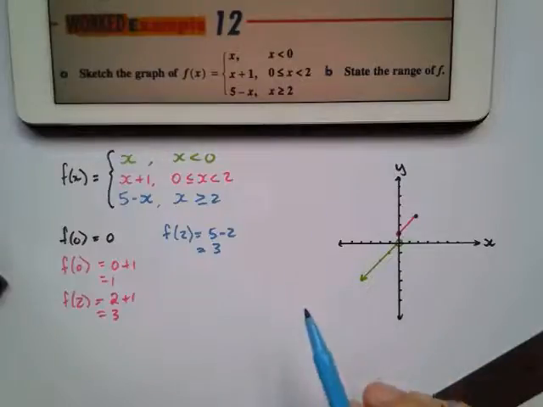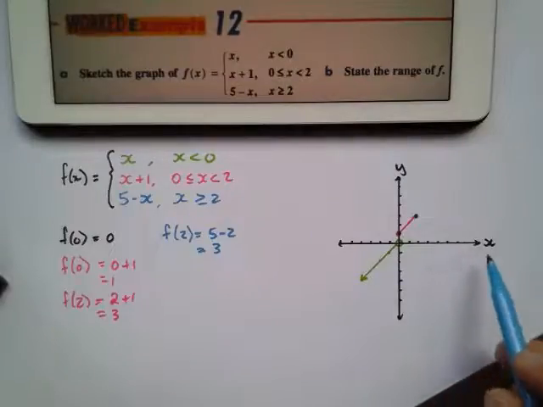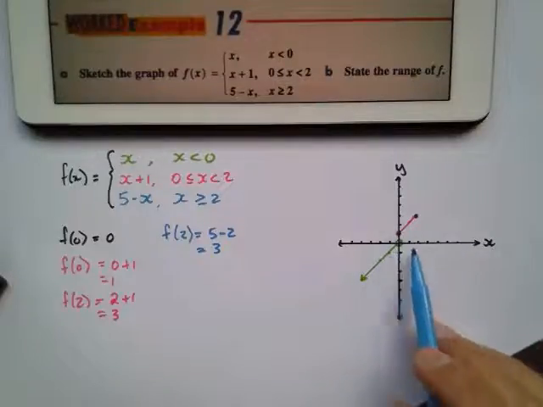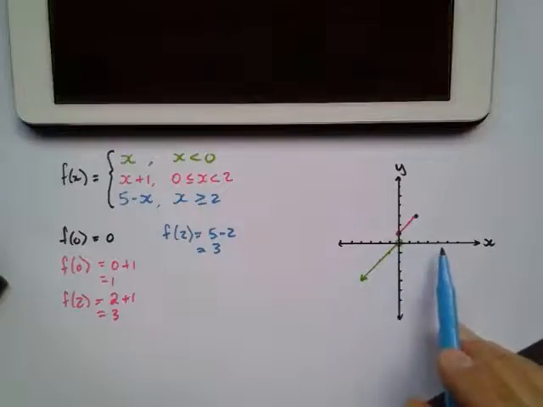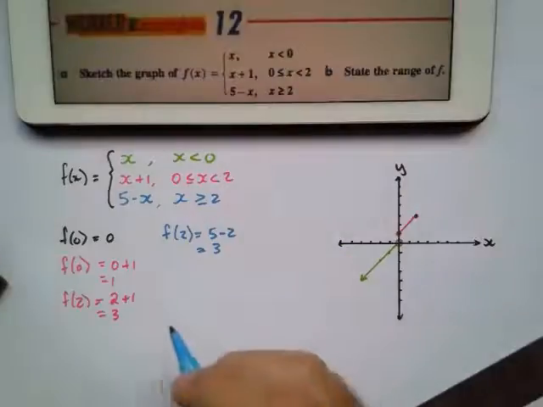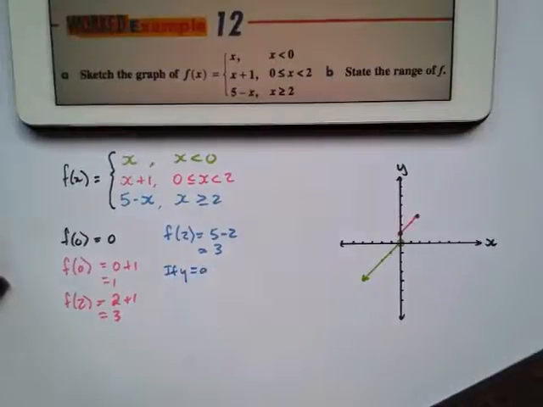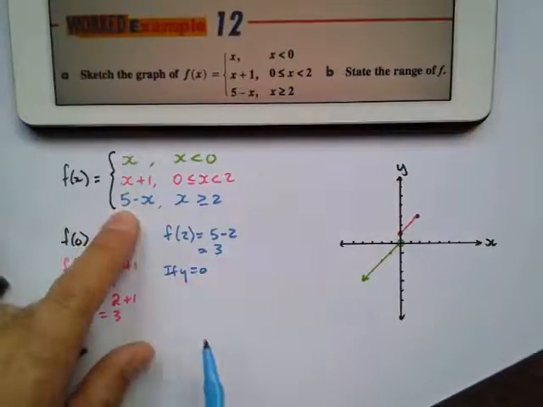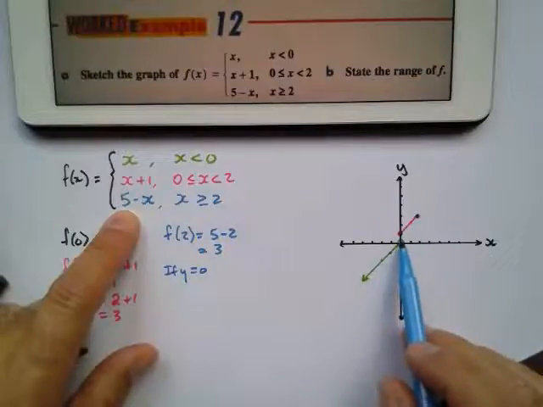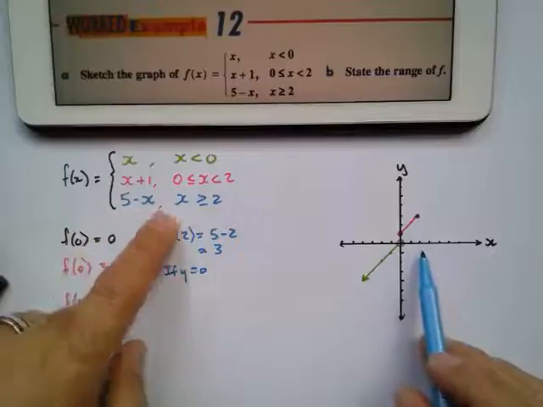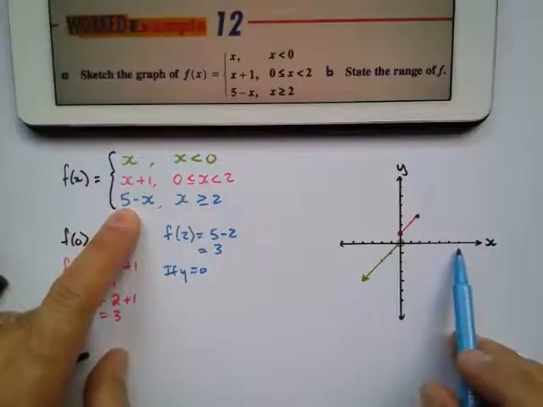And now I also need to find out where y is 0, because I need to always show my intercepts. So I'm going to say if y equals 0, I'm going to substitute it in this value because I want to know where this graph is intercepting the x-axis.